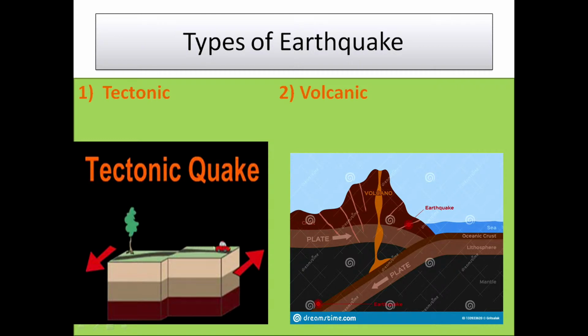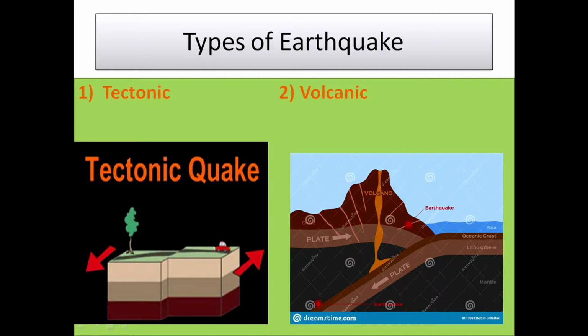Sometimes a volcano like Stromboli is so violent that its sound can be heard at a far-off place. When volcanoes erupt, they also cause earthquakes. So volcanic and tectonic are the two earthquakes which we can say are natural.